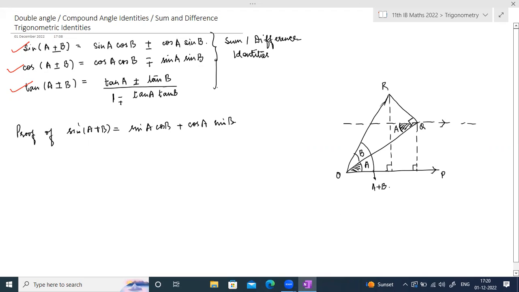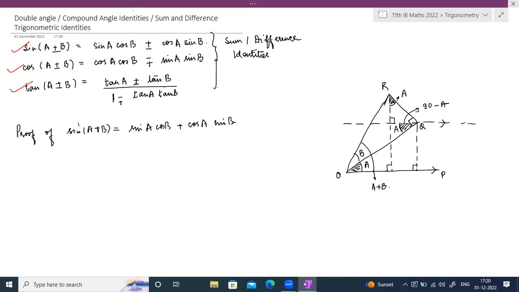And if this is A, this will be 90 minus A. And since this is 90, this angle will also be capital A. Right?